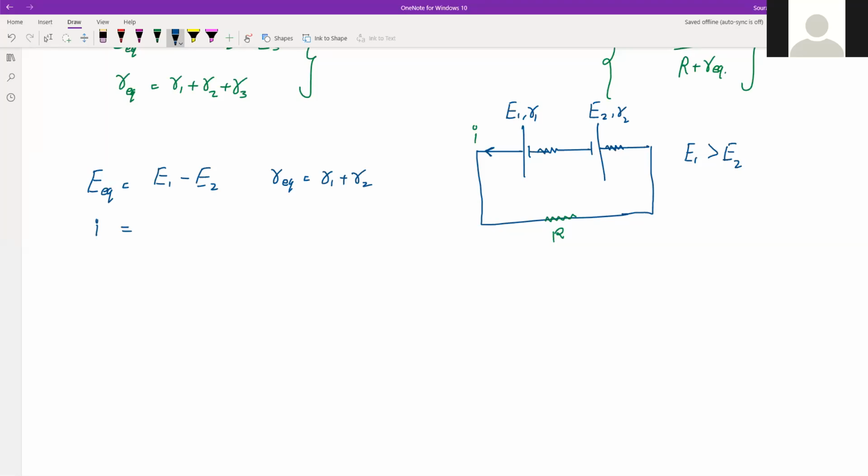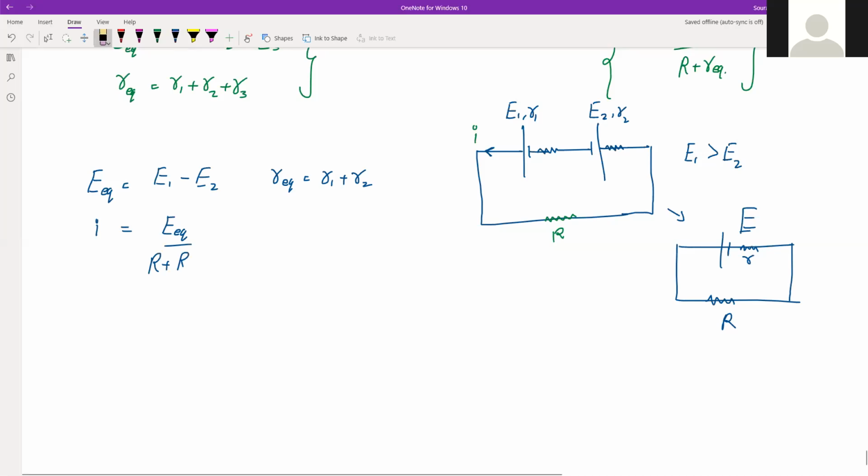And the current I which flows in the outer circuit, when this is replaced by one cell, will be, this is R, this one is small r, equal to E equivalent divided by R plus the total internal resistance.